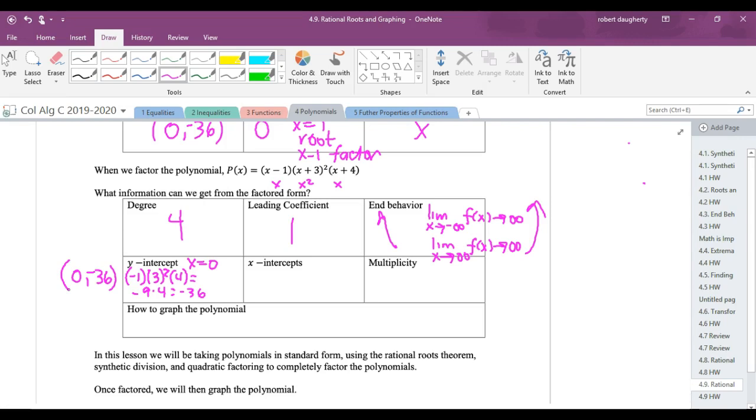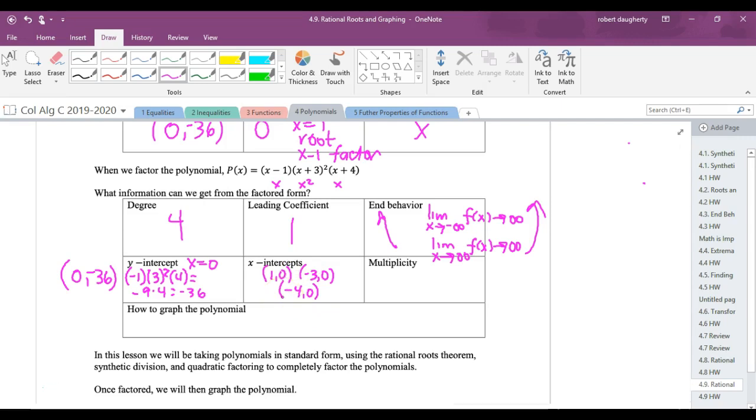Okay. Now, what's easier in this one that I couldn't ask in the other one? What are the x-intercepts? This is where factored form really helps you. What are the x-intercepts or the roots or solutions? So 1, 0. What are the other ones? Yeah, negative 3, 0. Negative 4, 0. That's what factored form is really wonderful about, finding the x-intercepts. Multiplicity.